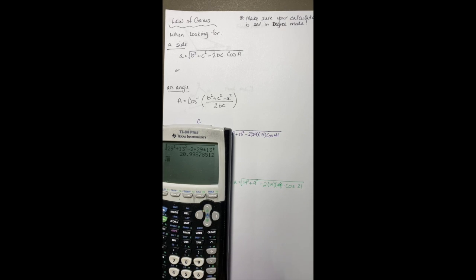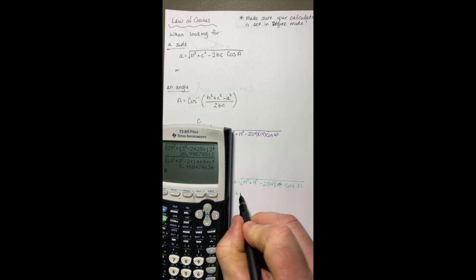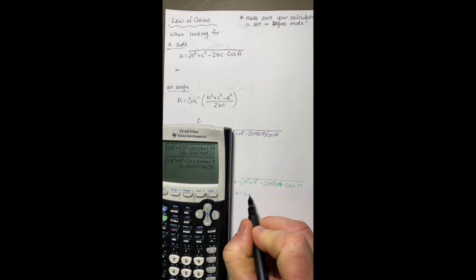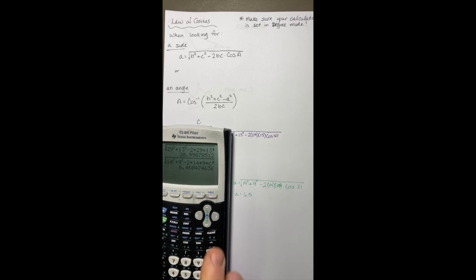So doing this problem, type it all in, and you get a equals 6.46, but it would round to 6.5. So there you go. That's what this side will equal, 6.5. And I know it's not a, but we made it a.